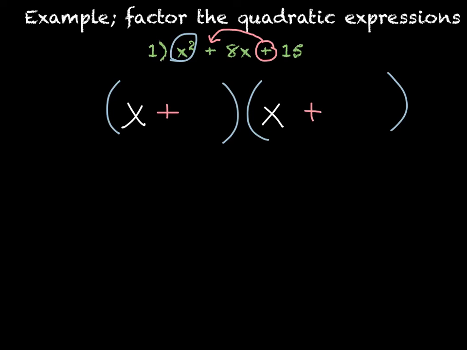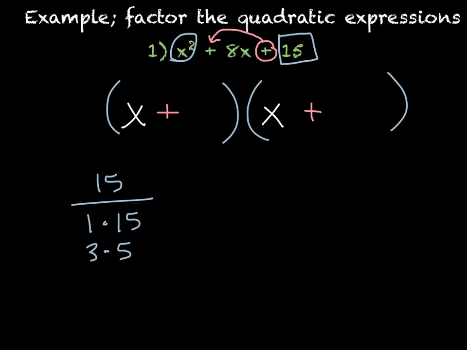Okay, now comes the trial and error part. I need to look at my constant term, which is my 15, and I need to find the factors of 15. So that would be 1 times 15, 3 times 5, and that would be all your factors of 15.